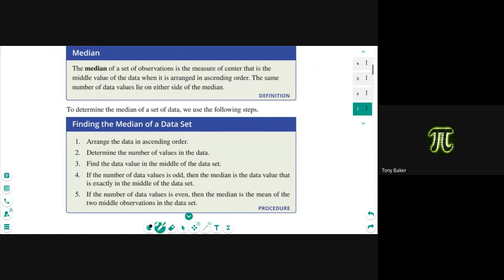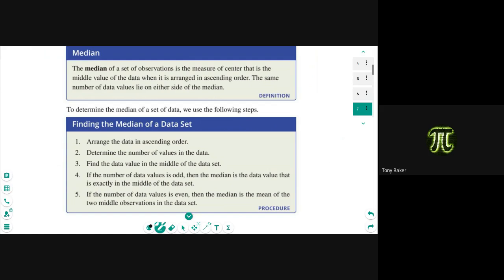Next one. Median. So median is a little different than mean. Median is the exact center, the middle value of the data set.